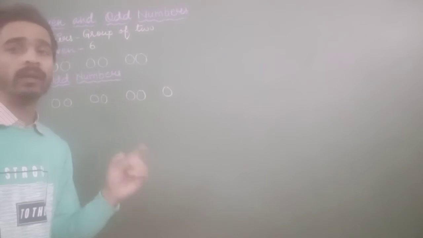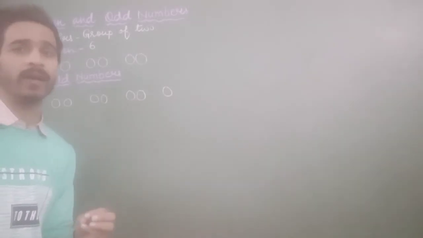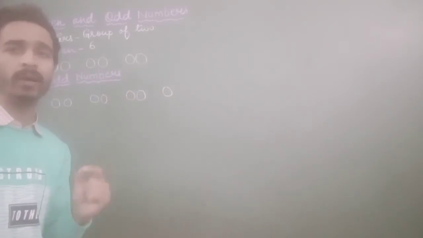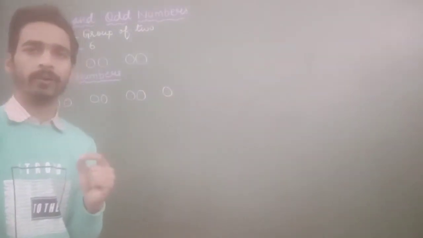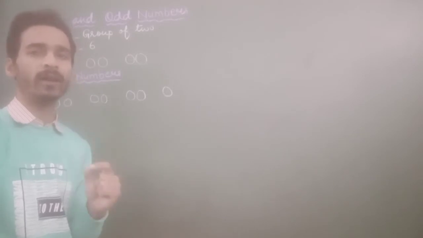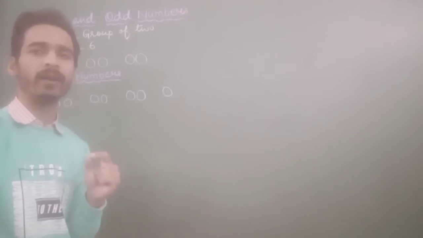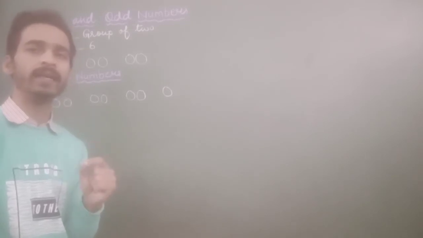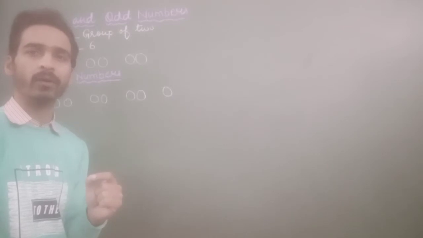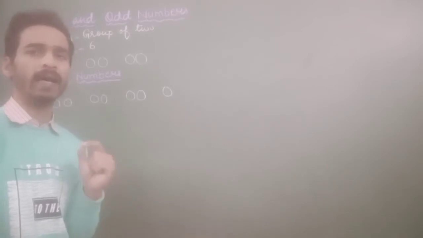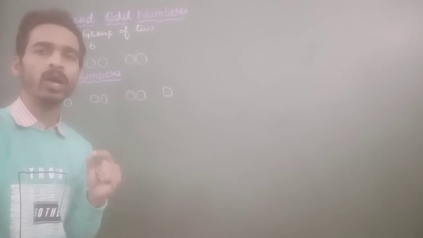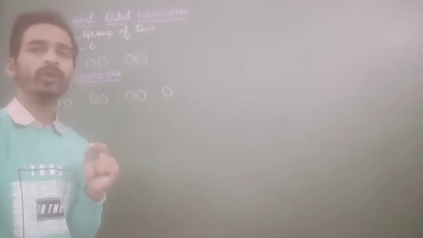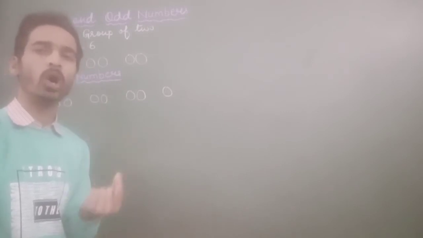If the last digit of any number is 0, 2, 4, 6 or 8, then we can say that this number is even. And if the last digit, the unit digit, of any number is 1, 3, 5, 7, 9, then we can say that this number is an odd number.